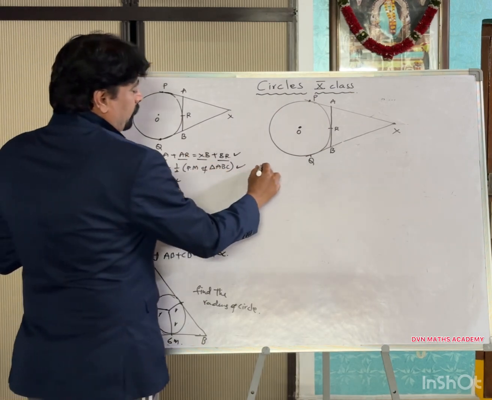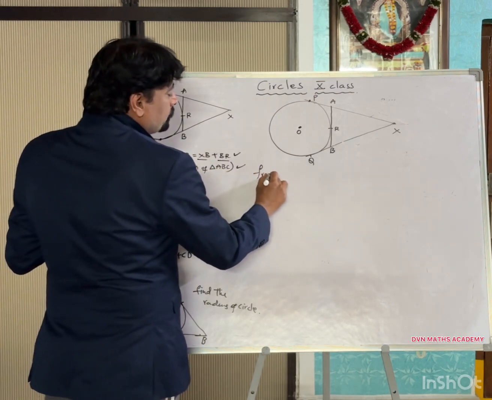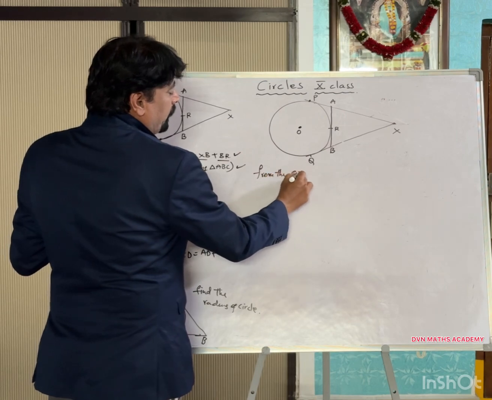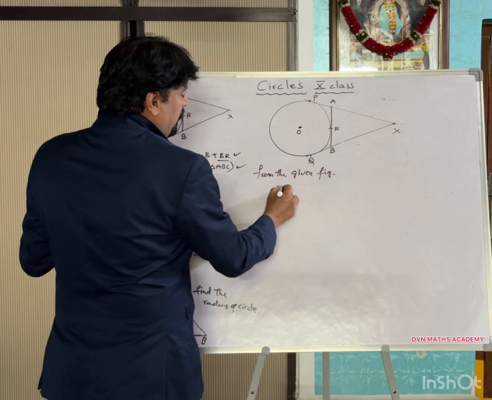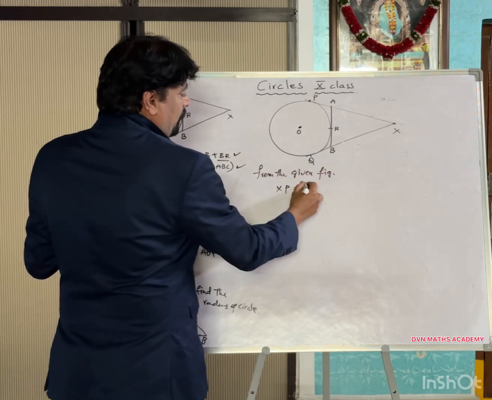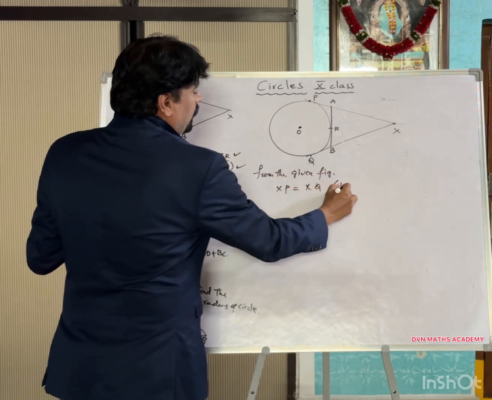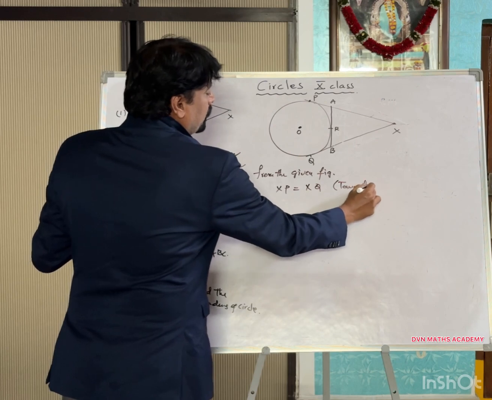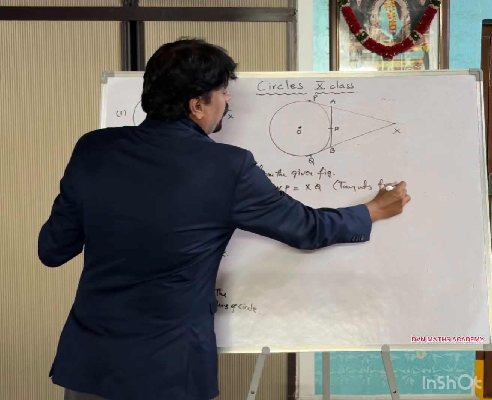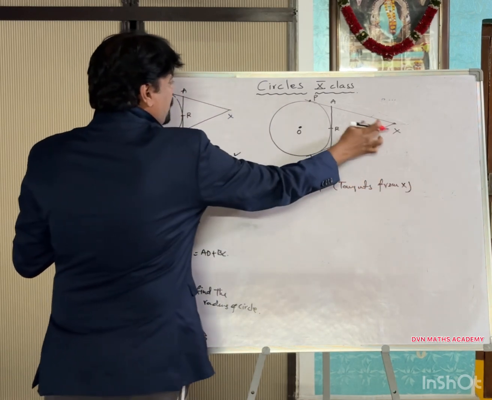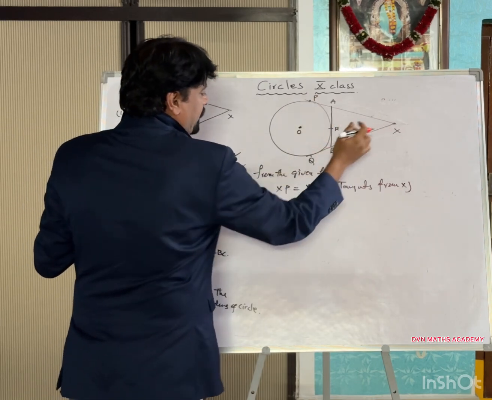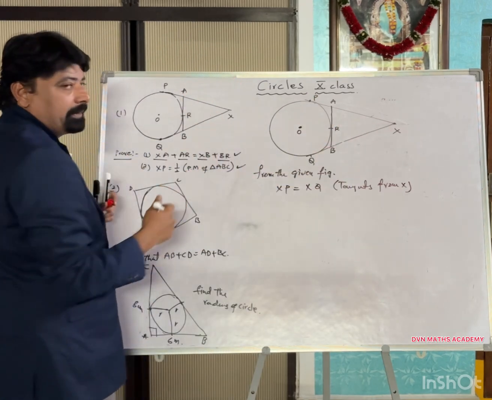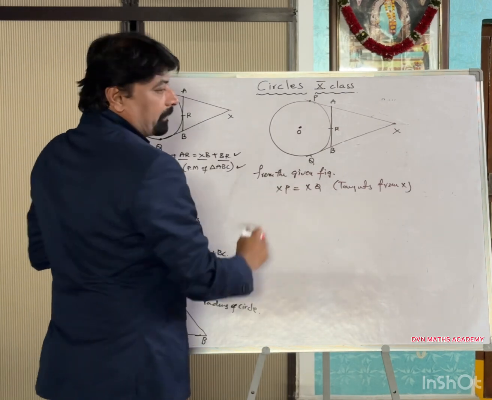From the given figure, we know that XP is equal to XQ, because these are two tangents from the external point X. Therefore, according to theorem 1, XP is equal to XQ.